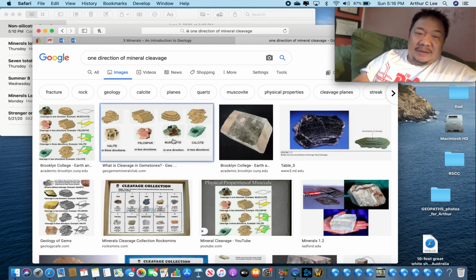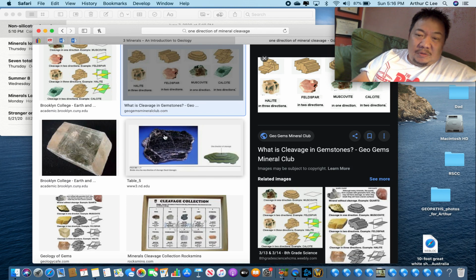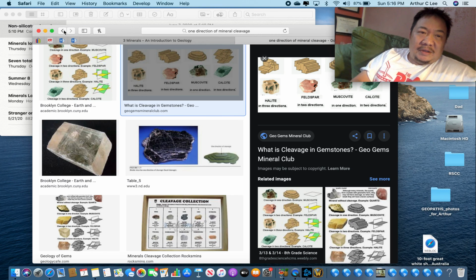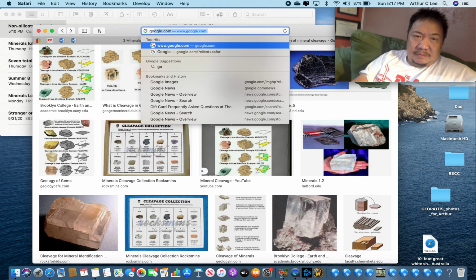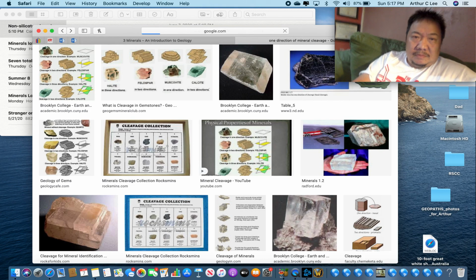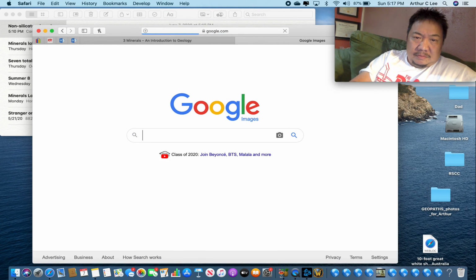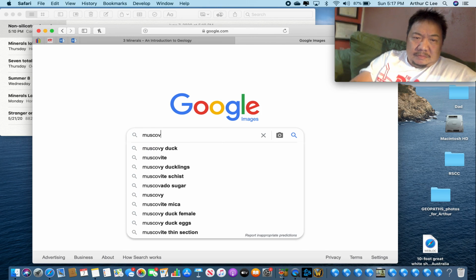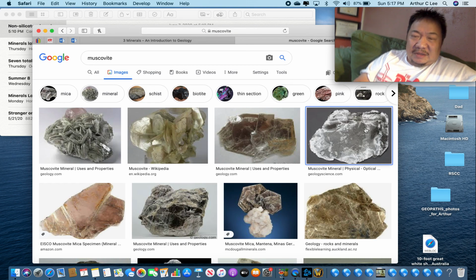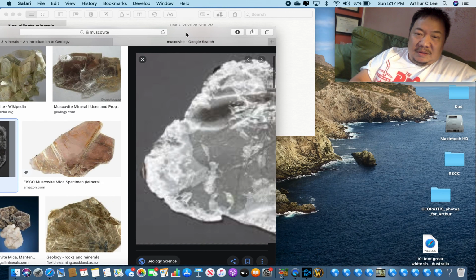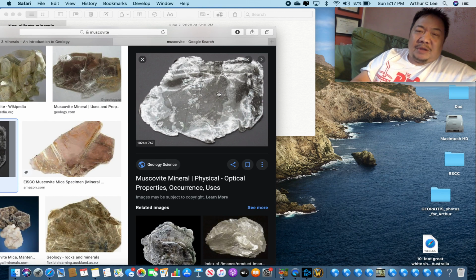Or muscovite, let me show you muscovite. Muscovite looks like this. It's called a mica. It breaks off in flat sheets. It has one direction of cleavage.